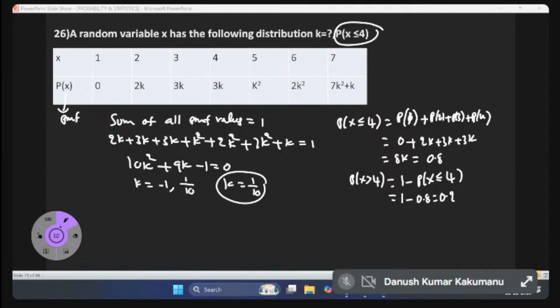Let us take one more question. So here I have written the roots directly. All of you know, minus 1 and 1 by 10.